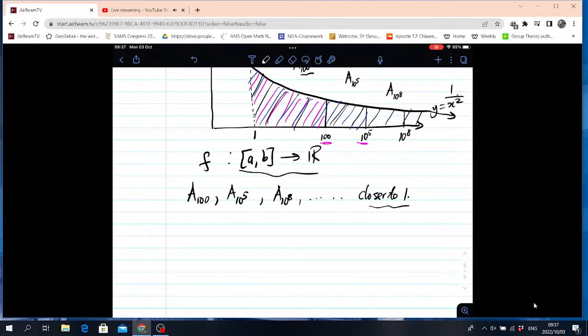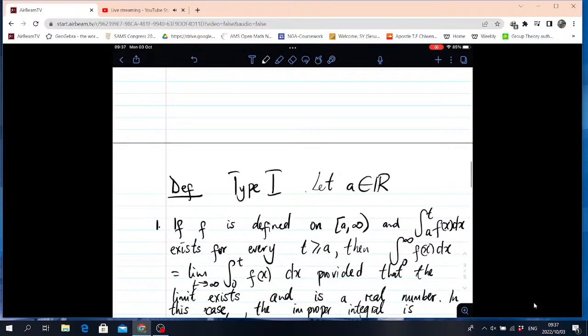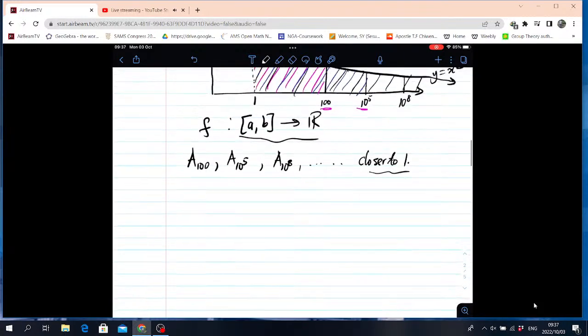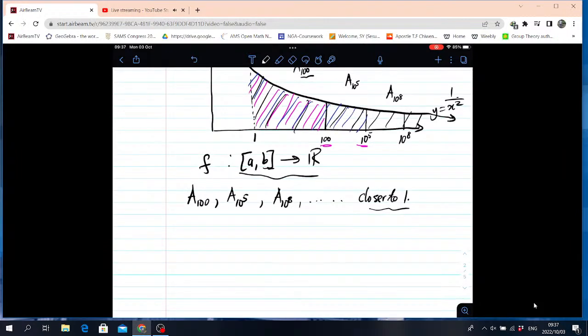So we've got these integrals, and they get closer to 1. And so let's look at this from a general point of view. We've got what are called improper integrals of type 1. We've got 2 types. I mentioned that one is when the set is not closed and bounded.